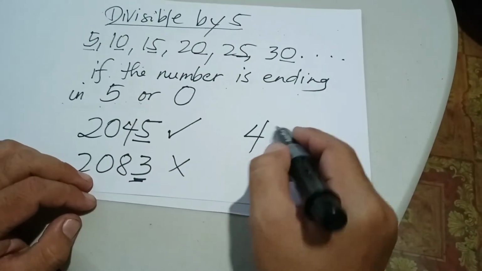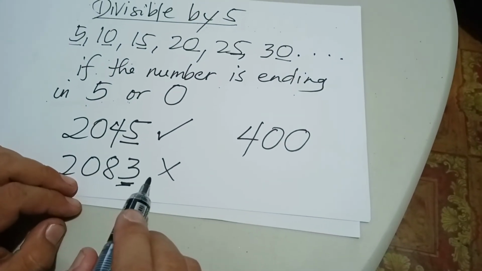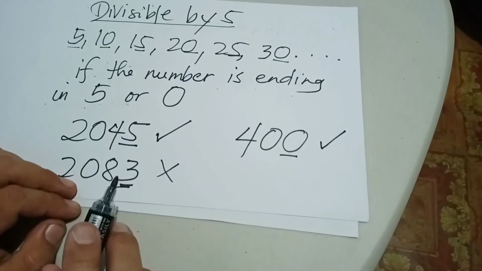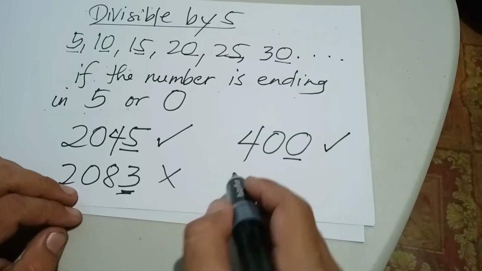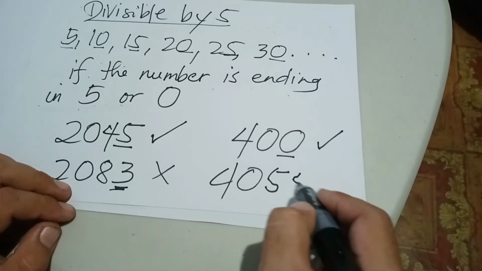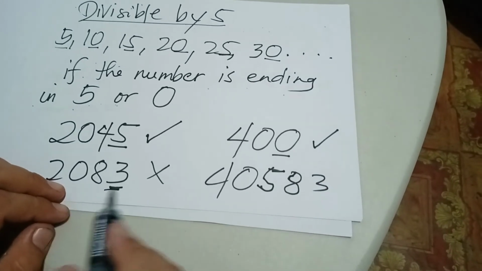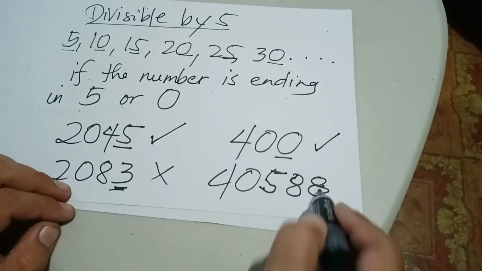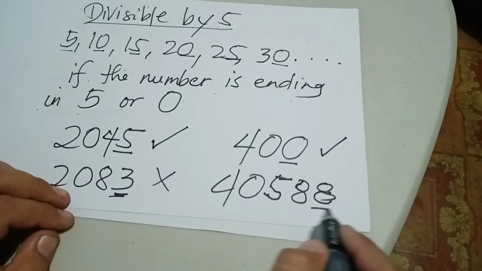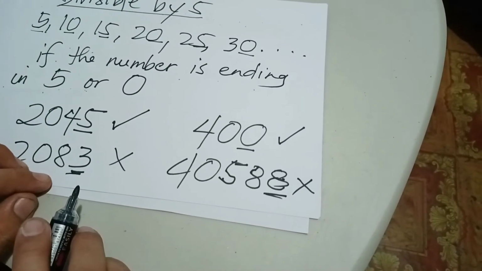Example, is it divisible by 5? 400. Yes, because it is ending in 0. So, divisible by 5. Let's say you have 4,588. Divisible by 5? Since the last digit is 8, hindi siya divisible by 5.